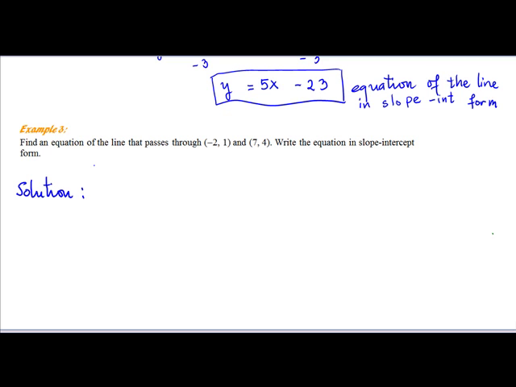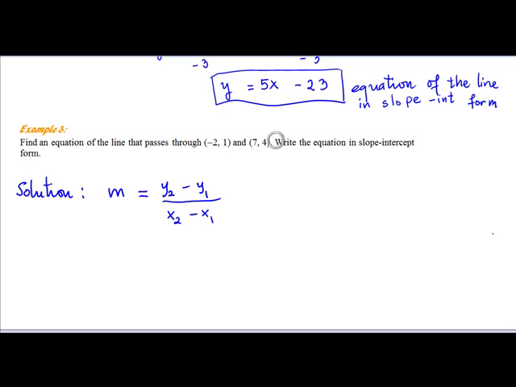Now, the problem does not give us the slope, but we can find the slope because we have 2 points. To find the slope, all we need is 2 points. So the slope is y2 minus y1 over x2 minus x1.